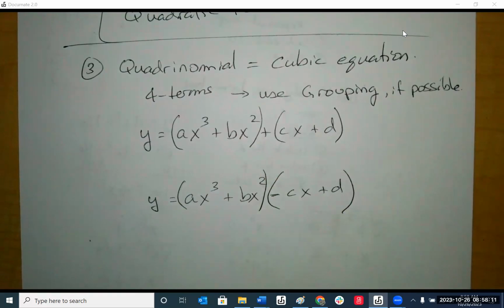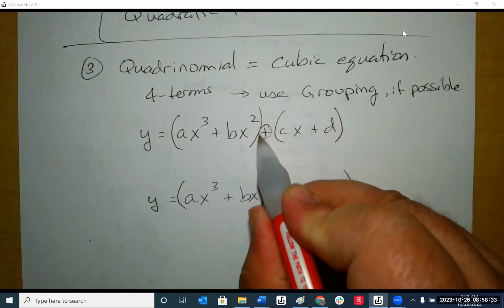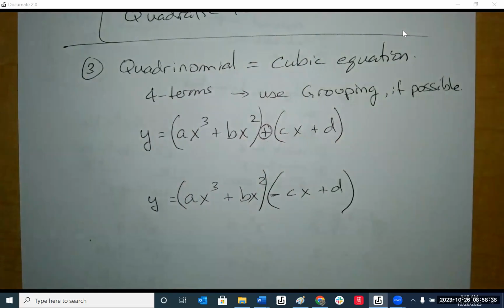Now, here's the difference between the 2 methods, the 2 types of equations. If you have a plus in the middle, then you can put parentheses just around the numbers on both sides.